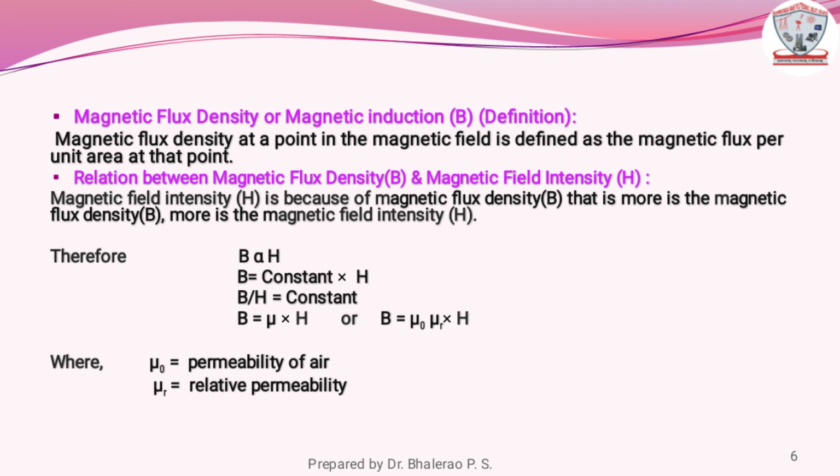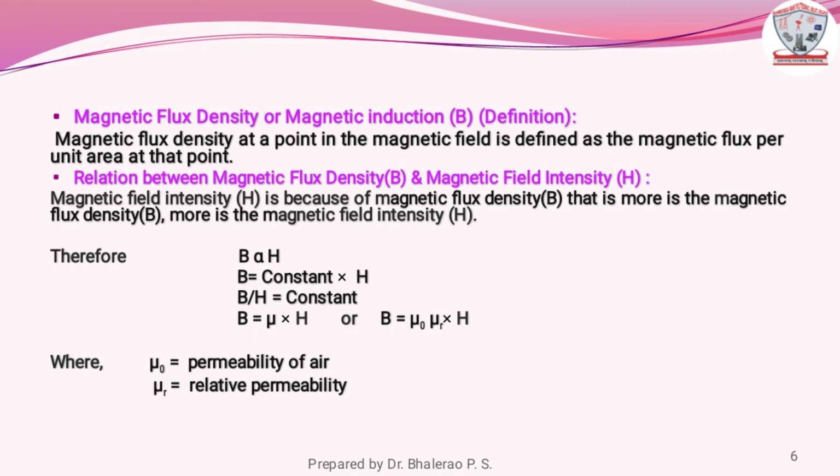Therefore, B is directly proportional to H. B is the magnetic induction or magnetic flux density and H is the magnetic field intensity. Therefore, B is equal to constant into H. We can write this as B upon H is equal to constant.